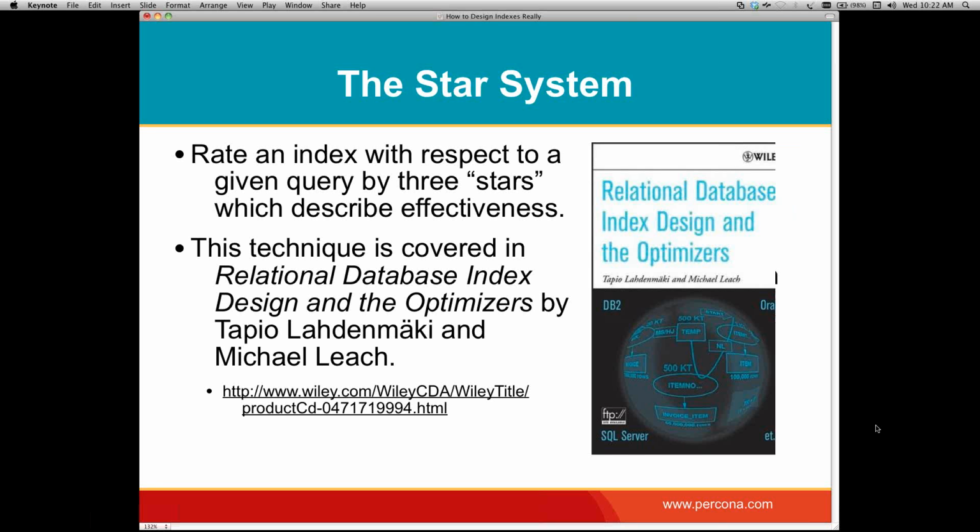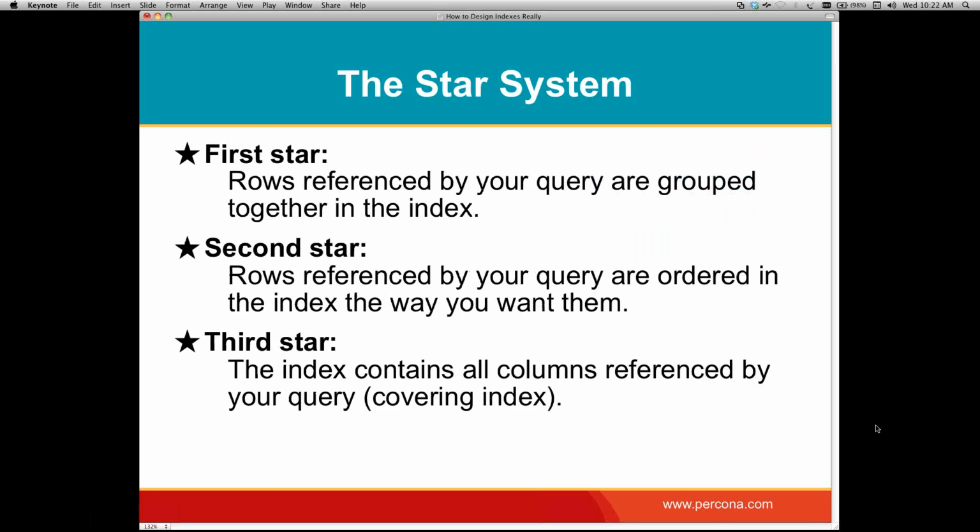So the star system involves characterizing indexes with respect to a given query. So this, again, queries determine what indexes that you want to define, and we can assess whether an index is the perfect index for a query by describing these stars.